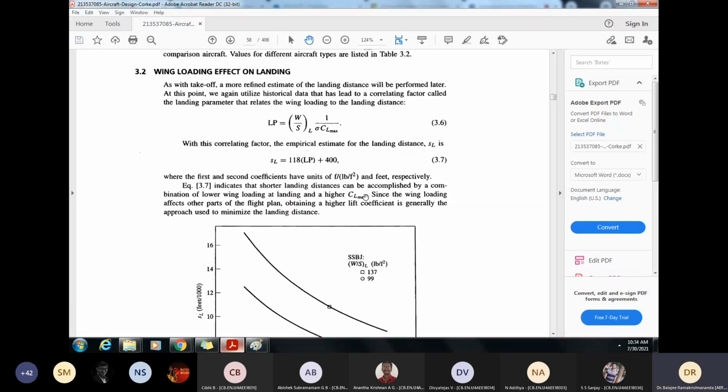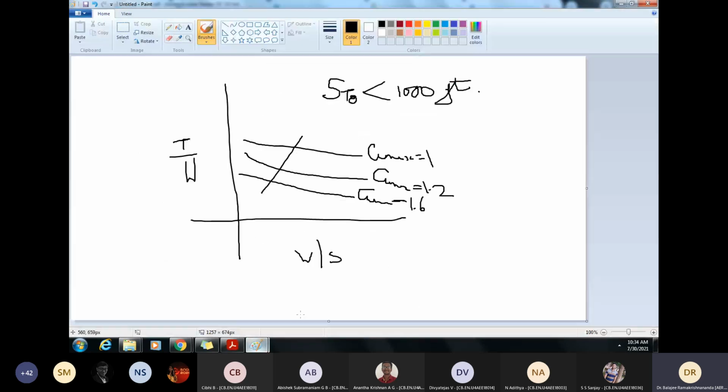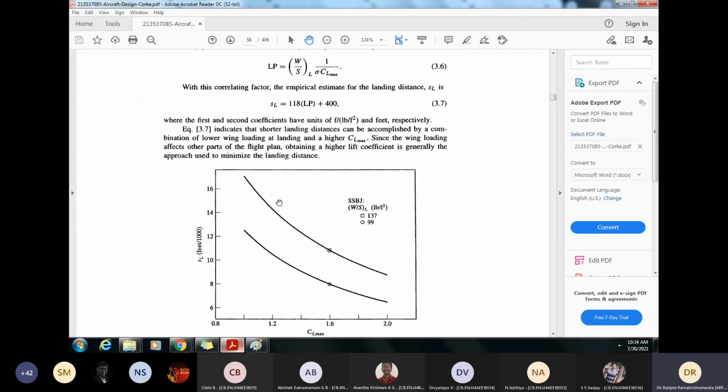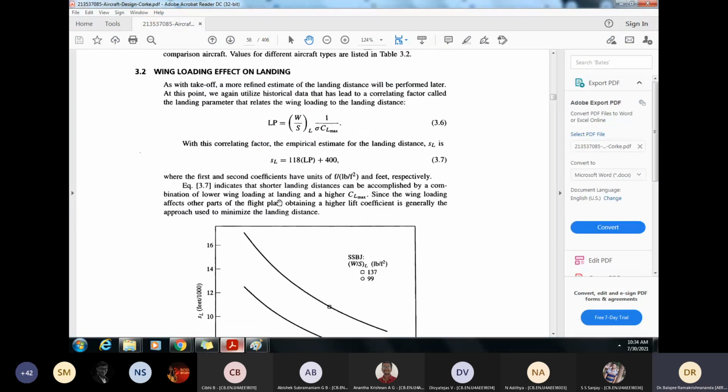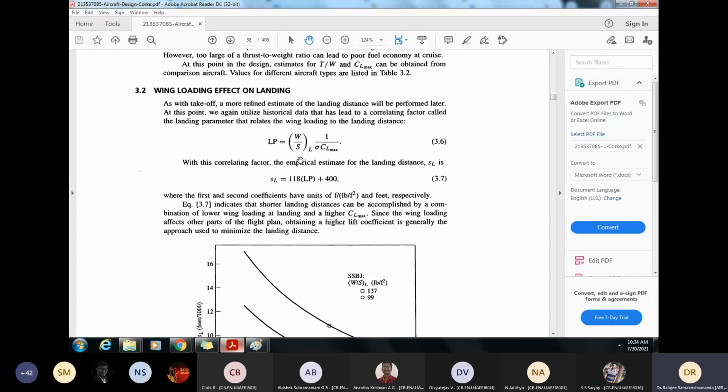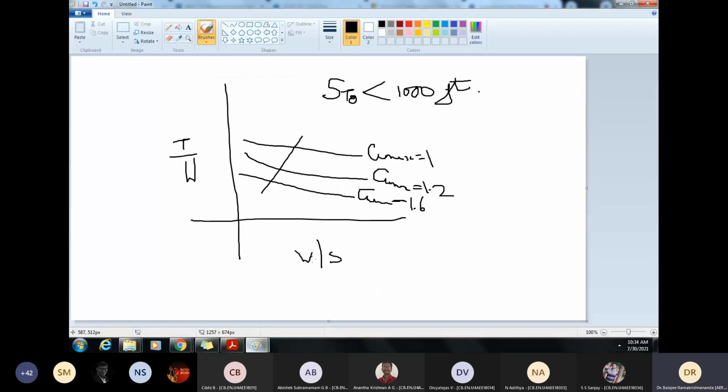Like what I want is wing loading on the x-axis and T by W on the y-axis. Using this, how will you do that? There's no T by W because your thrust is switched off here. So you assume a T by W. For your wing loading, the T by W is always 0, any wing loading you take.